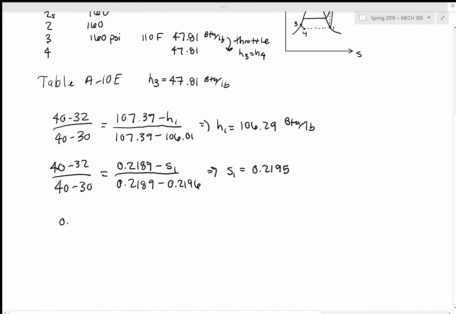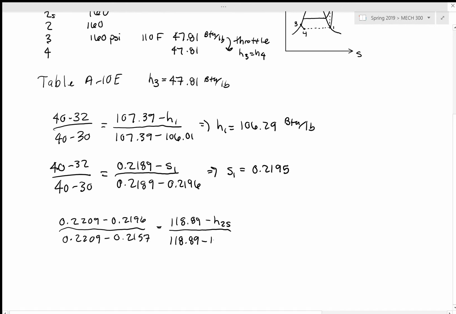So we are going to have (0.2209 minus 0.2196) over (0.2209 minus 0.2157), and that is going to equal (118.89 minus our enthalpy value at state 2S) over (118.89 minus 115.91).